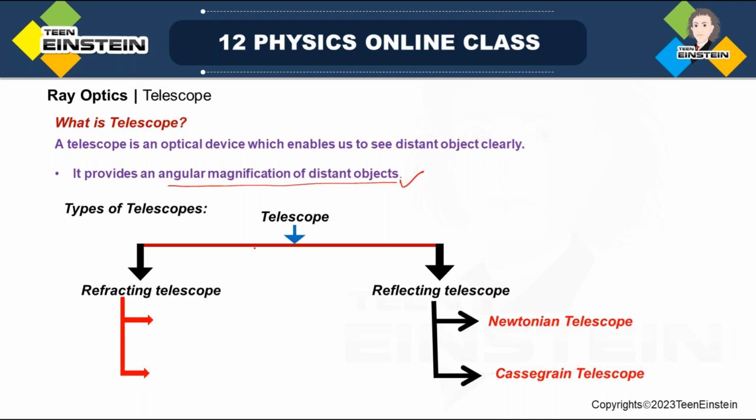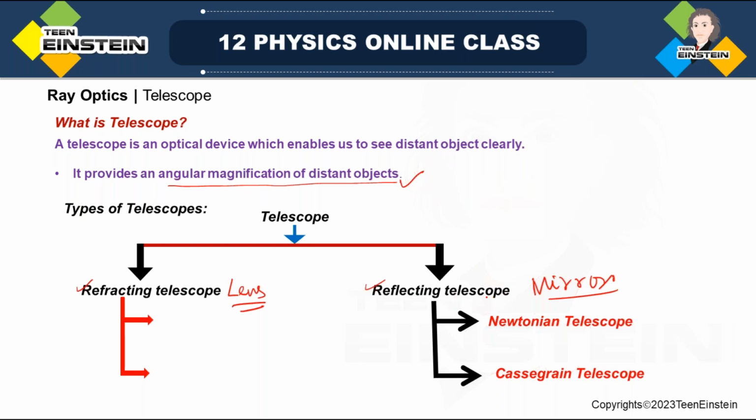Now we had already discussed the types of telescope. There are two types mainly, refracting type and reflecting type. As I had already discussed, refracting means refraction of light is being used, so in this case a lens was used. In refracting type telescopes a lens is used, and in reflecting type telescopes a mirror is used, as the reflecting property of light is being used.